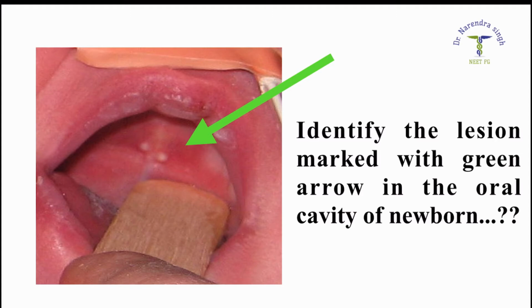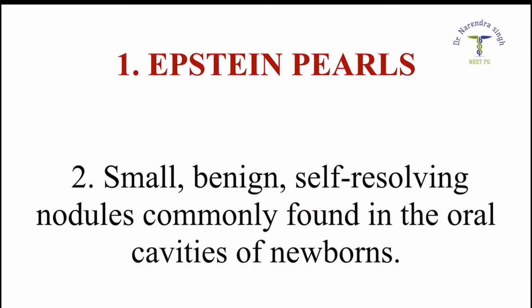Some will say it is an early erupted tooth, some small abscess cavities, etc. Many differentials have been made out of this, but the exact answer for the lesion shown in this diagram is that the lesion is known as Epstein pearl.